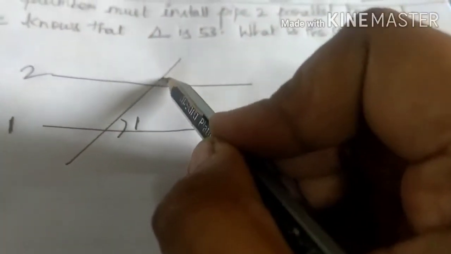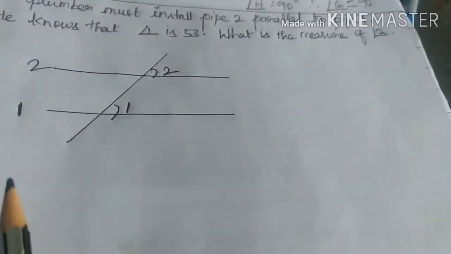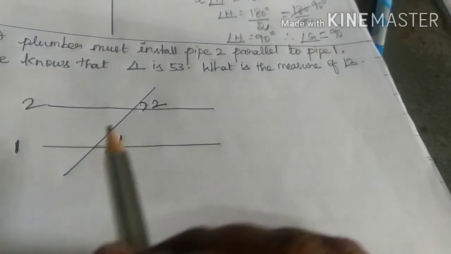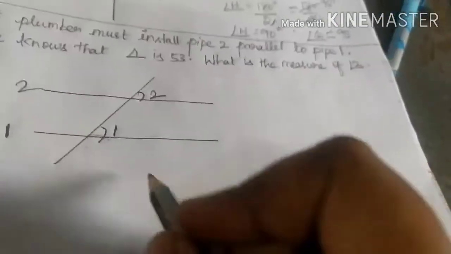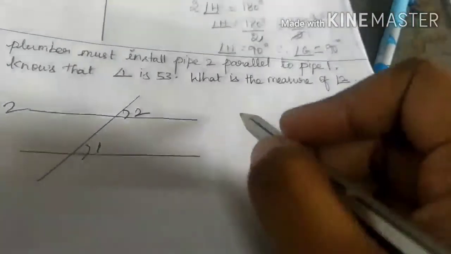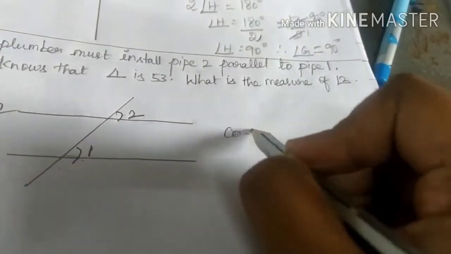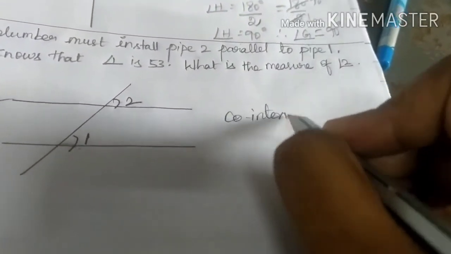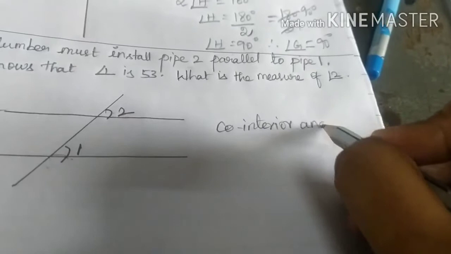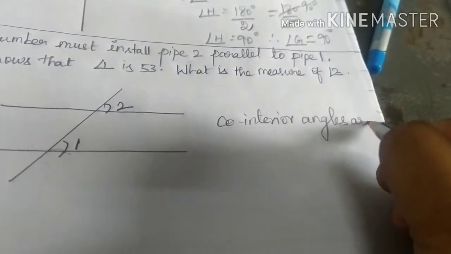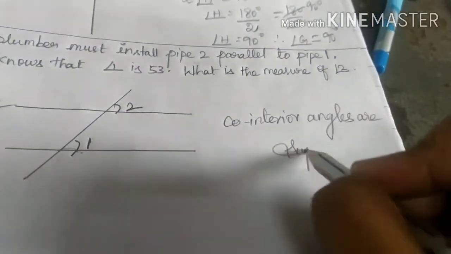So here I am going to draw angle 1, here angle 2. So we all know that co-interior angles are supplementary. This 1 and 2 are co-interior angles. So you can write it here, co-interior angles are supplementary.